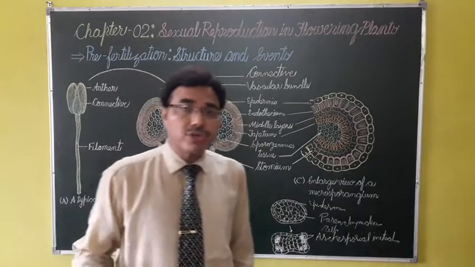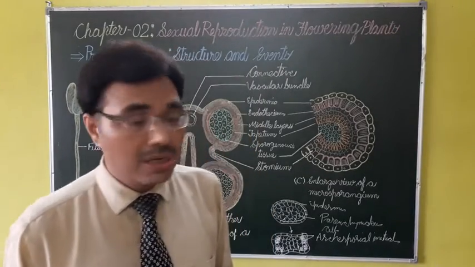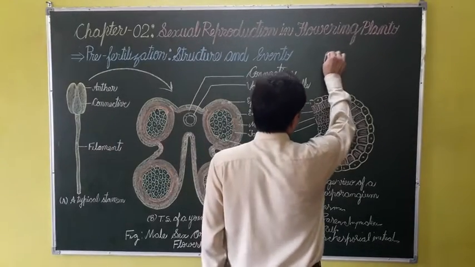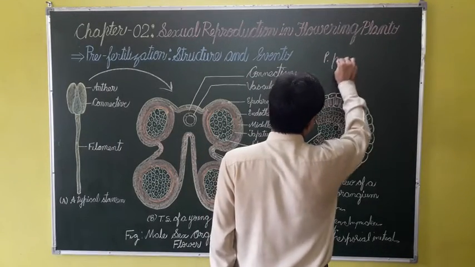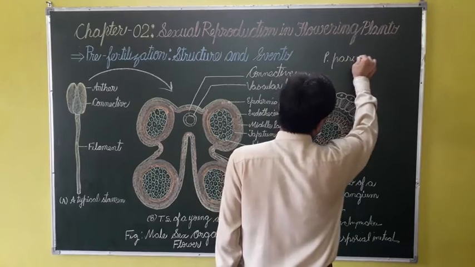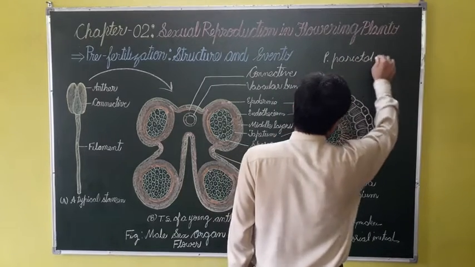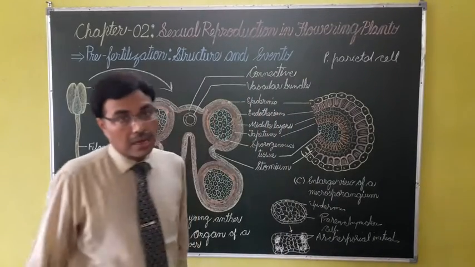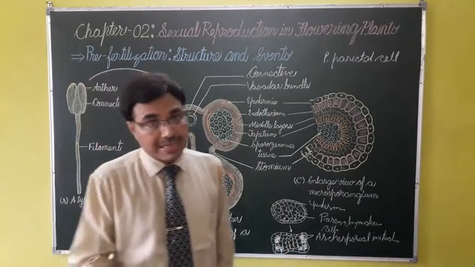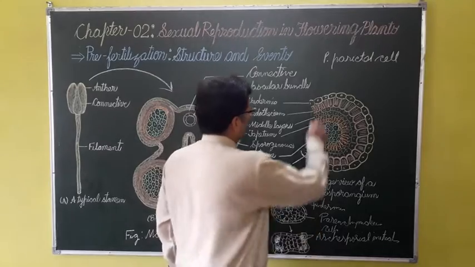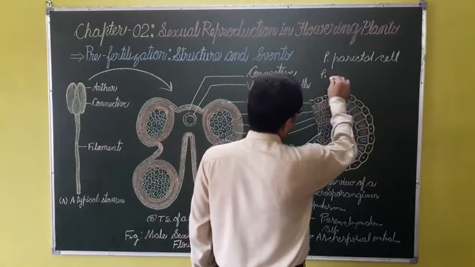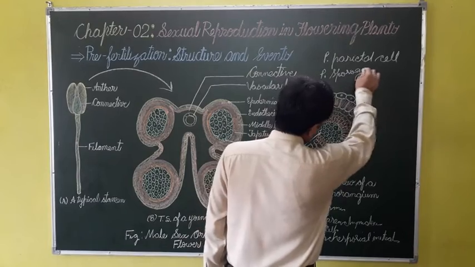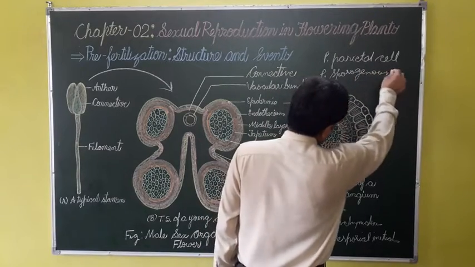The cell which is towards the epidermis is called the primary parietal cell. And the cell which is towards the center is called the primary sporogenous cell.